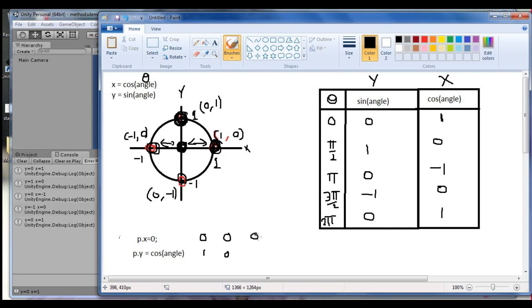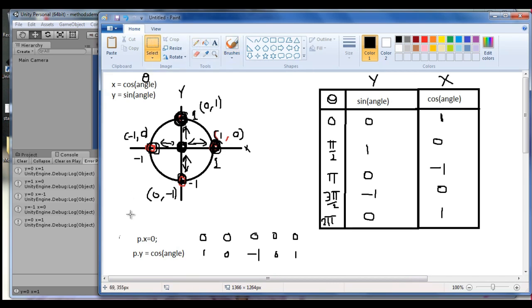Next, cos of 180 is minus 1. So 0, minus 1. 0, minus 1 is this position. So the object has come to this place. Then cos of 270 is 0. So 0, 0. The object will be back at the center. Cos of 2 pi is 1. So where will the object be? The object will go up. So if you write this code, the object will be moving up and down, up and down. This will be in the loop.